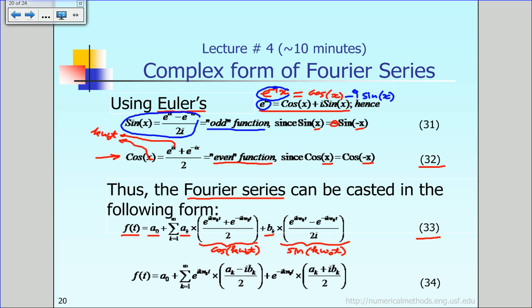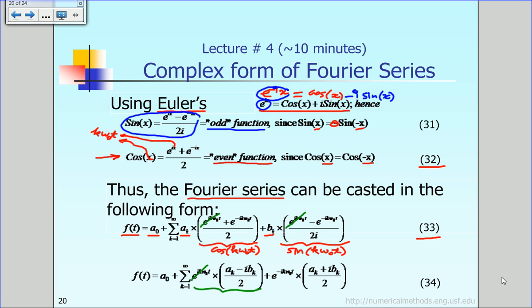So from equation 33, what is the next thing we can do? This term in here has e raised to the power i k omega naught t, and this term here also has the same e raised to the power i k omega naught t. So if you factorize that term, you have the remaining term here.